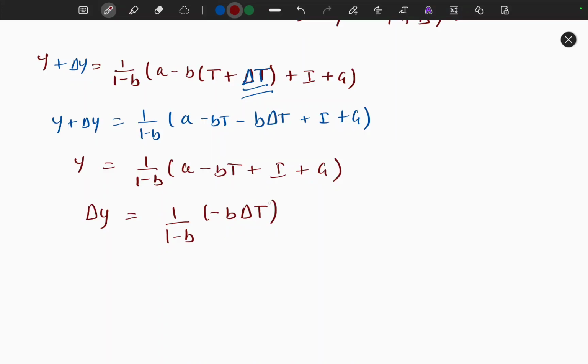So I'm going to bring delta t to the other side of the equation, and we get delta y over delta t is equal to minus b over 1 minus b. This is basically what we call the tax multiplier, denoted as Tm.